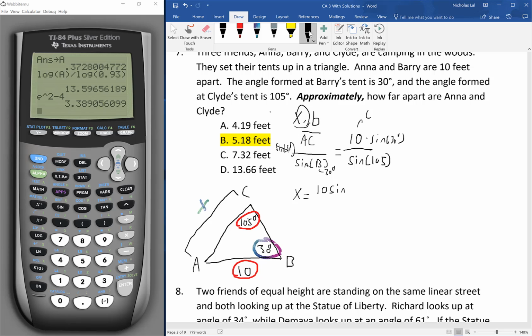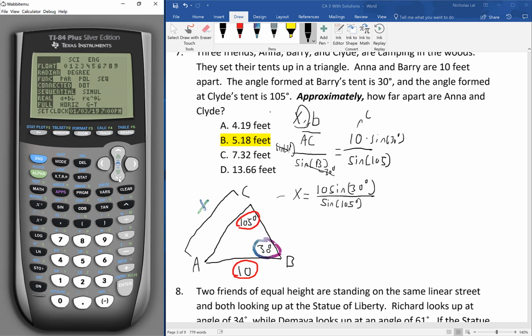And these sines of 30 cancel out. So 10 times the sine of 30 degrees over the sine of 105 degrees is going to be equal to the length of x. So let's make sure we're in degree mode.